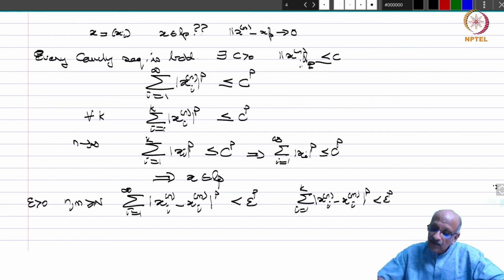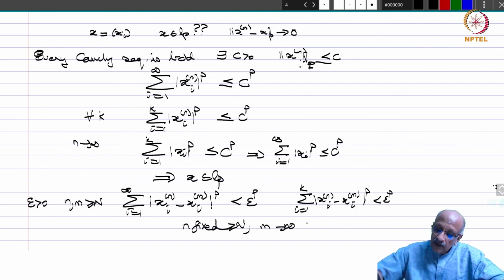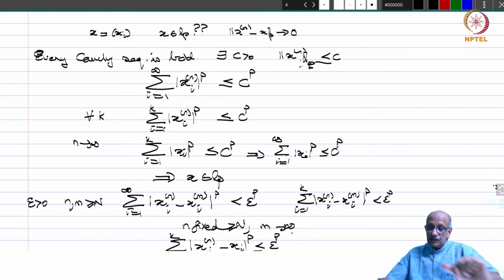Now you keep n fixed, greater than or equal to capital N, and let m tend to infinity. So you will get that the sum from i equals 1 to k of |x_n^i - x^i|^p is less than or equal to epsilon^p.